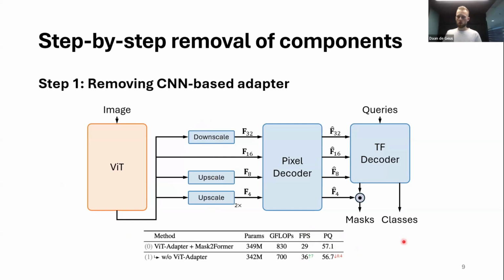So this tells us that we're on the right track, and we're going to get rid of even more of these components. The next thing we get rid of is this pixel decoder that we see over here. As I mentioned, it's used to aggregate and combine all these features and consolidate them. But since they're now all from the same source, the output of the vision transformer, but in downscaled and upscaled formats, we think this is no longer necessary.